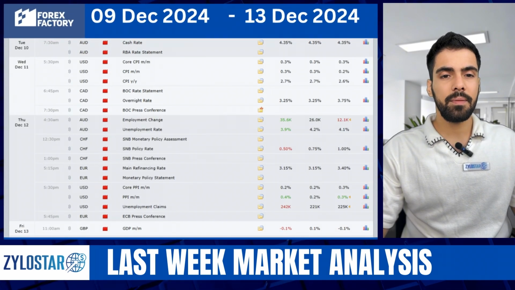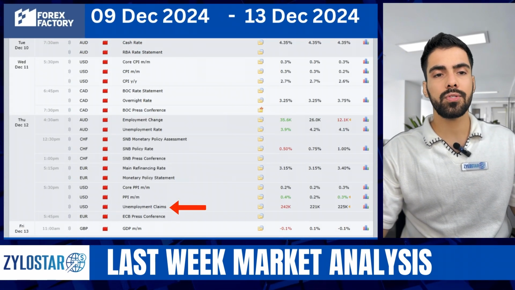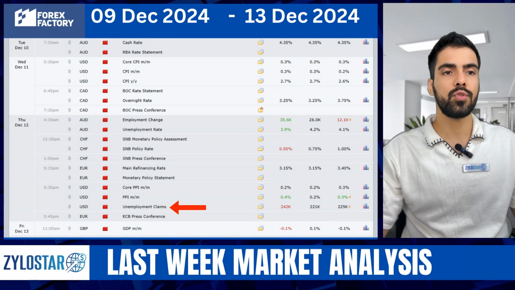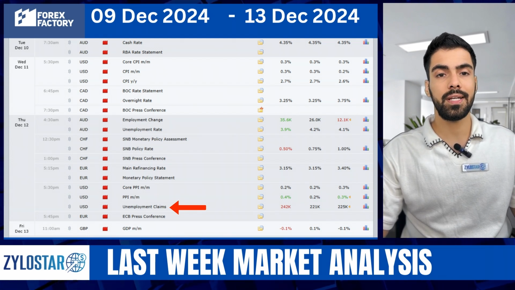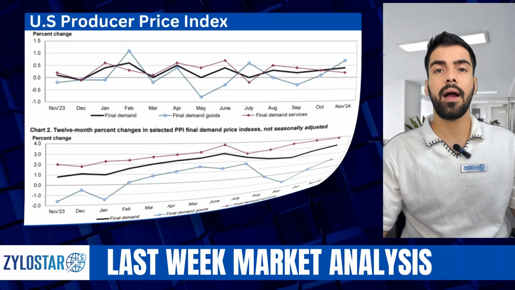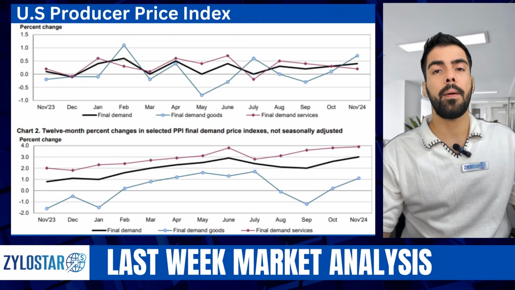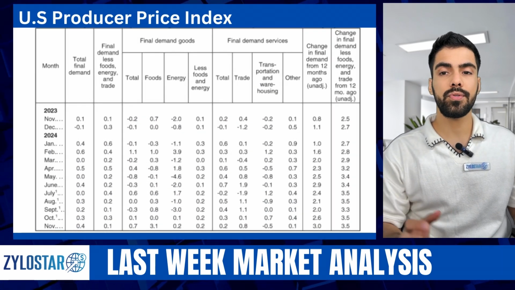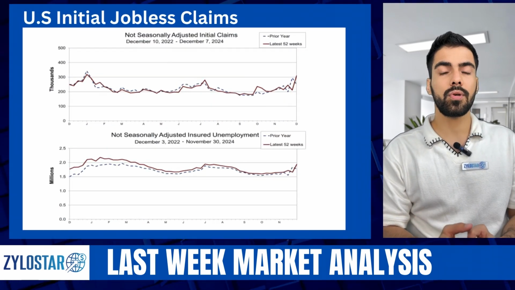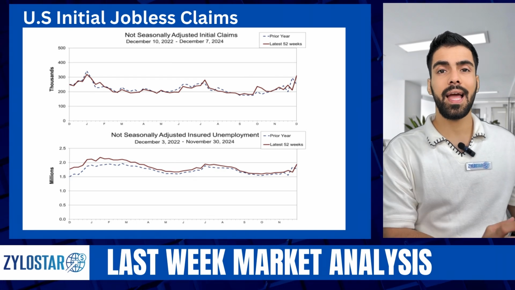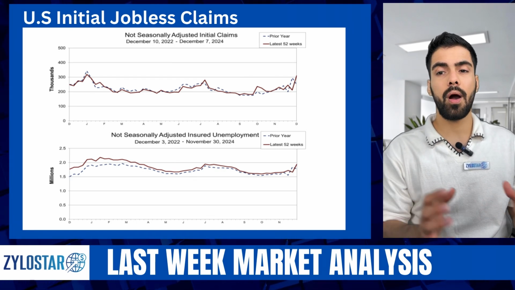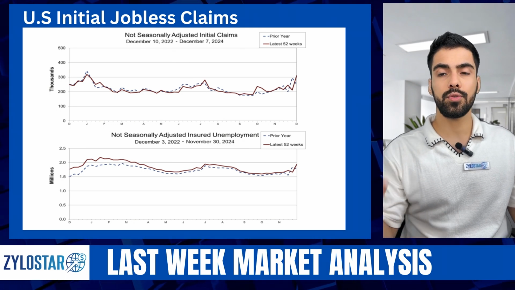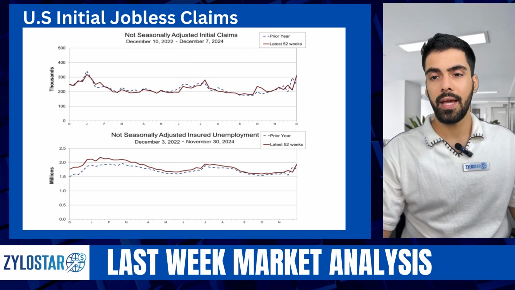And also we got the PPI number and initial jobless claims for the US at 5:30 on 12th of December, which was Thursday. And PPI officially published more than expected and also more than the previous numbers. And initial jobless claims was the first time in the last 3 months which published higher than expected and also higher than 240k.